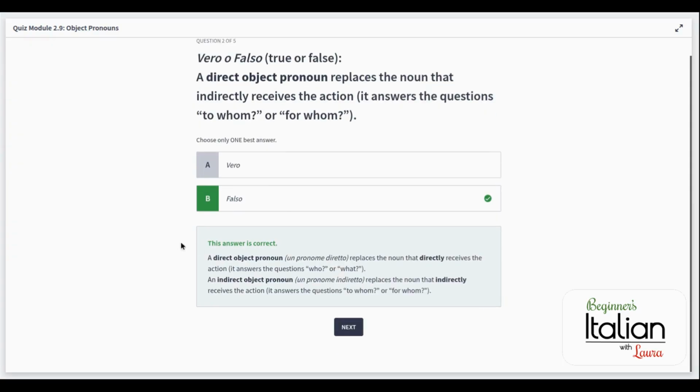Okay, this one was also falso. So a direct object pronoun, un pronome diretto, replaces the noun that directly receives the action. It answers the questions who or what. An indirect object pronoun, un pronome indiretto, replaces the noun that indirectly receives the action. It answers the questions to whom or for whom.